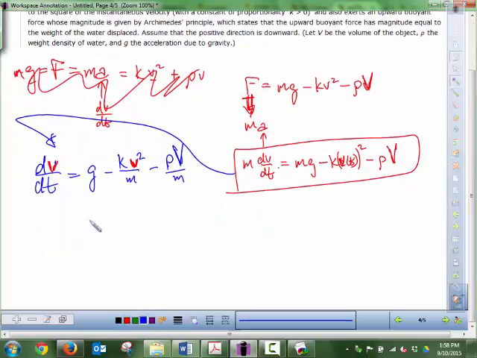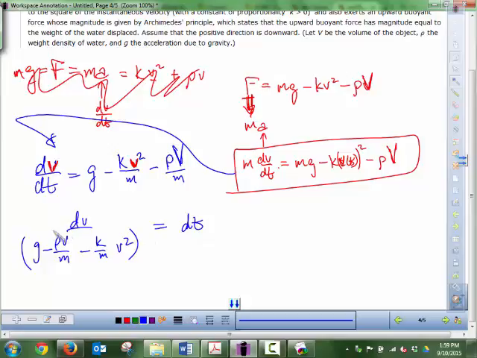So why don't I just separate it? Maybe if I rewrite it like this, dv over g minus rho V over m minus k over m v squared is equal to dt.